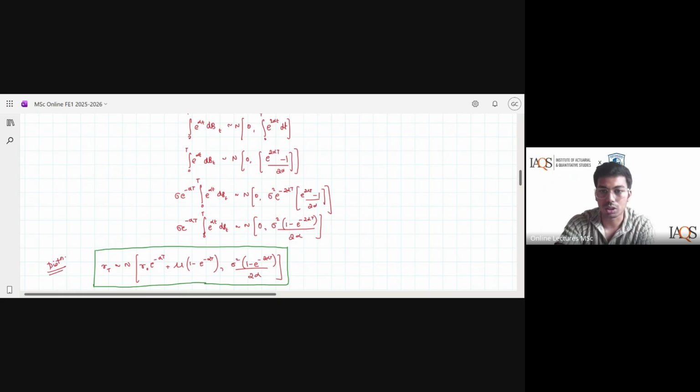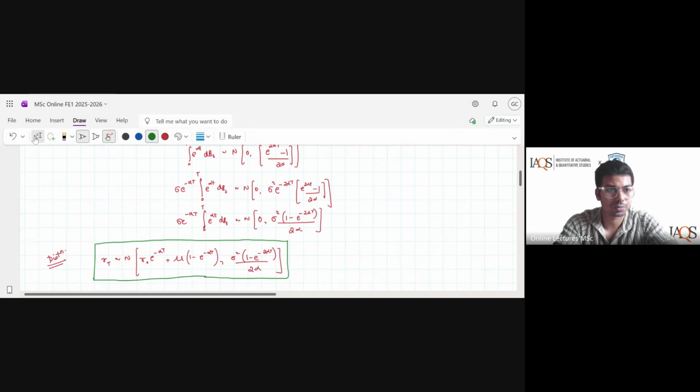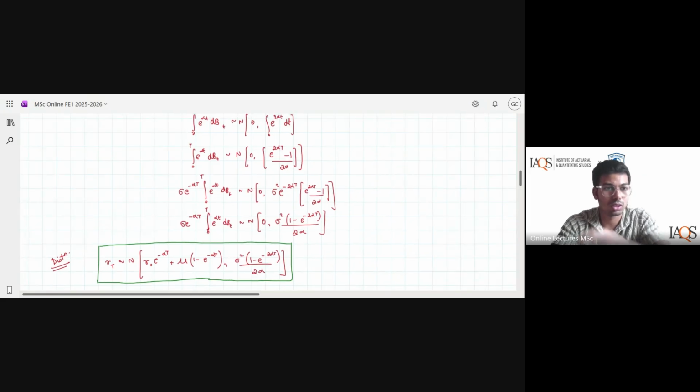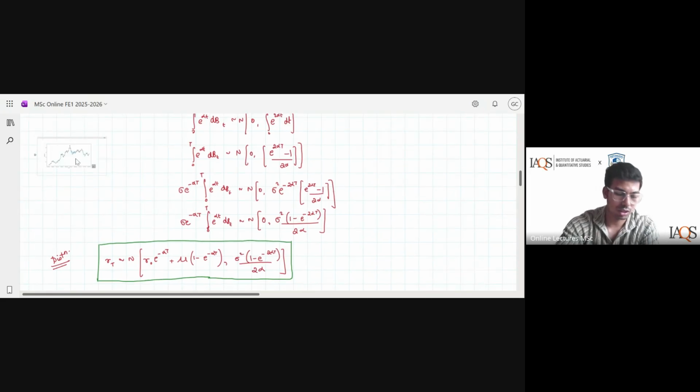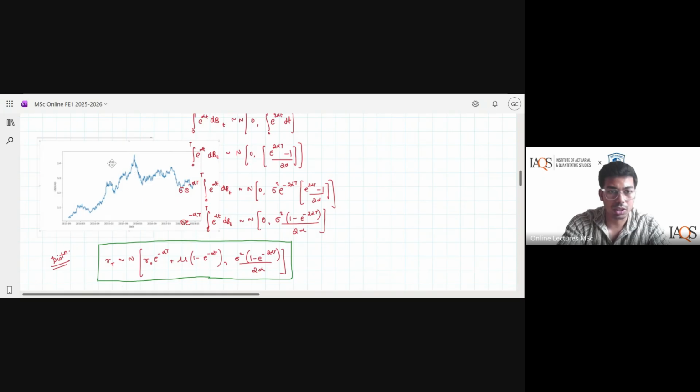Let me show this one if you want. For example, if you see this graph, over the long term it is moving around 5.3 only.